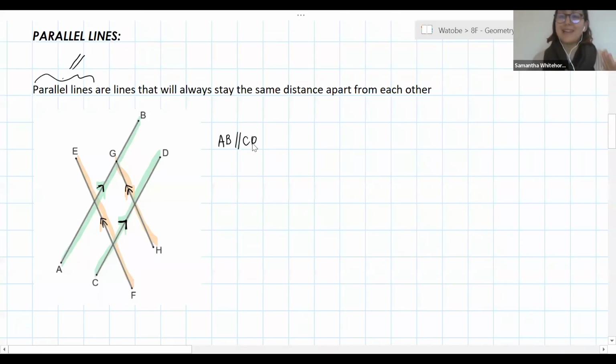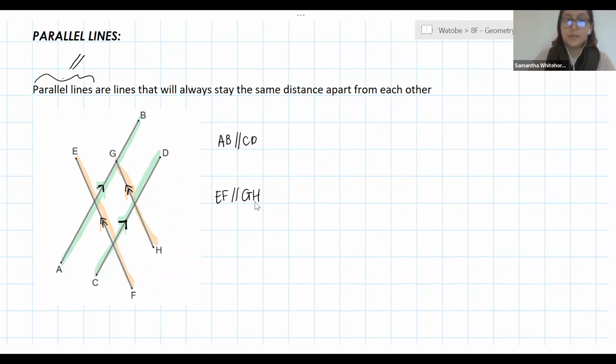They run in the same direction, they're the same distance apart. And EF is parallel to GH. That's just a notation thing. If I'm going to talk about parallel lines, this is how I write it down, with a little symbol, saying which line is running the same distance apart in the same direction to which line. I've highlighted those for you on the diagram.